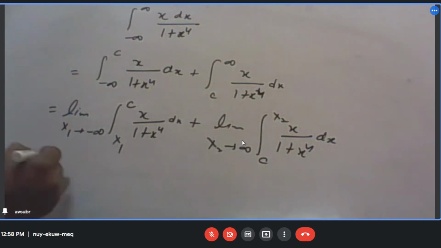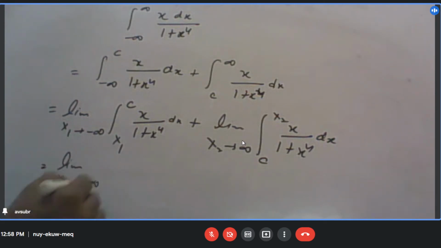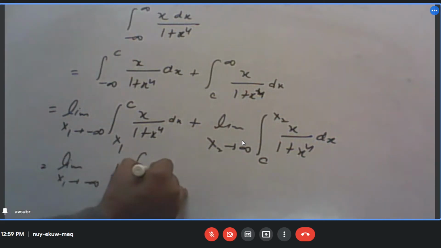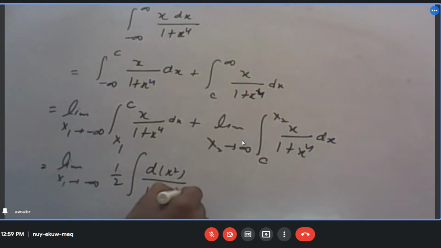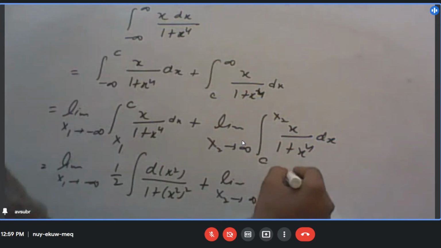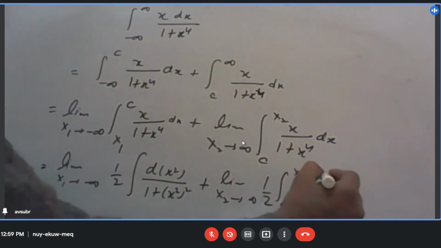Is it okay? Or limit x1 tends to minus infinity, I can write 1 by 2 d of x square over 1 plus x square whole square, plus limit x2 goes to infinity from C to x2, once again the same way I can write.